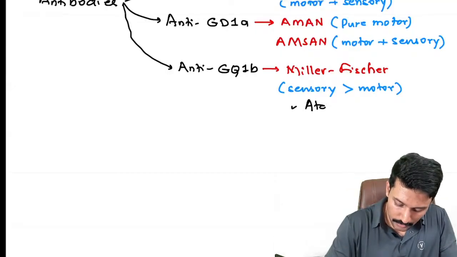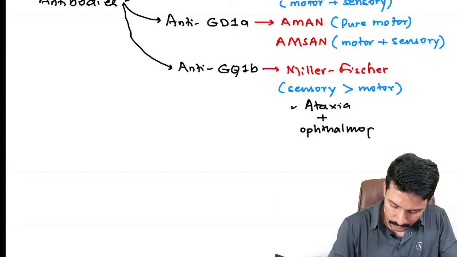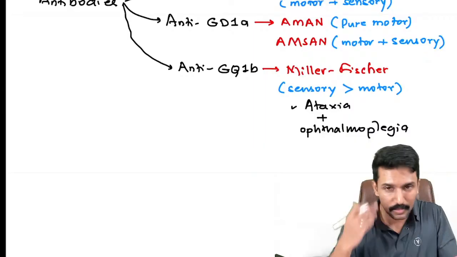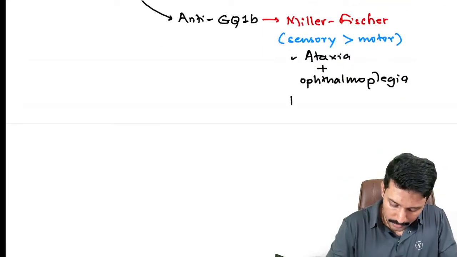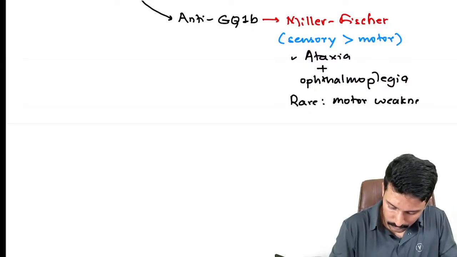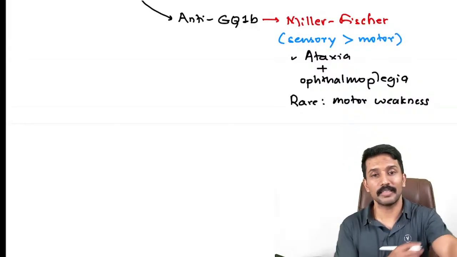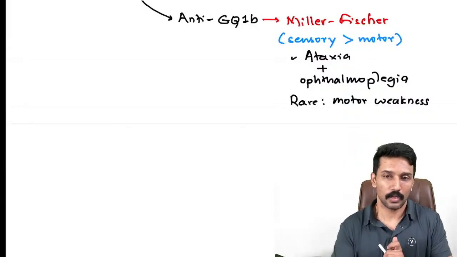These patients will have ataxia plus ophthalmoplegia, meaning cranial nerves going to the eyes can get involved, right? And rarely they will have motor weakness. And because these variants have motor weakness rarely involved, the prognosis seems to be good.